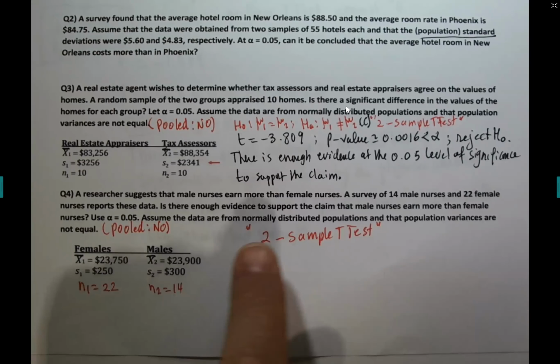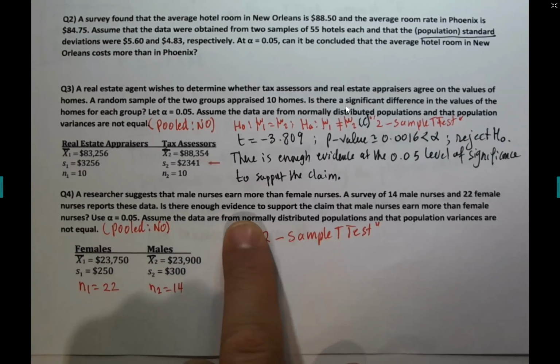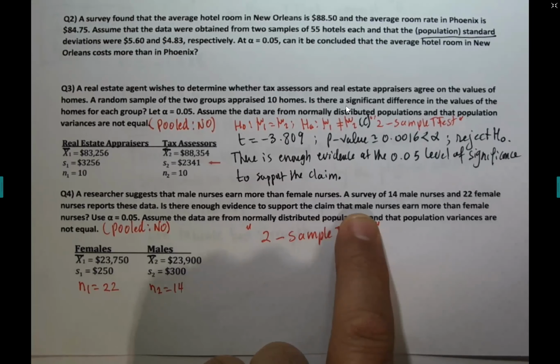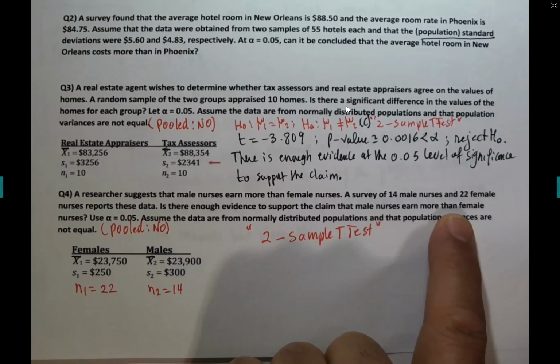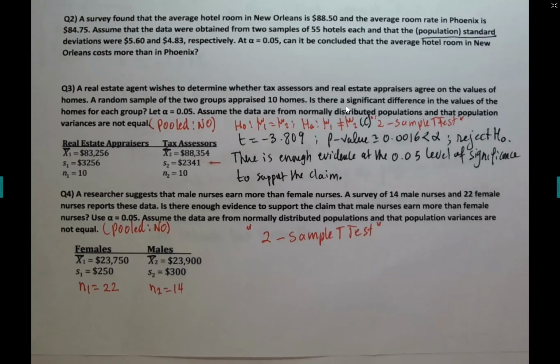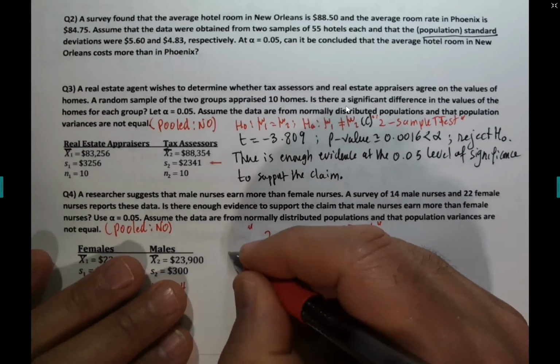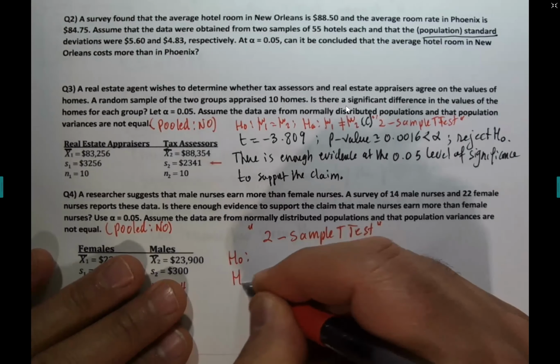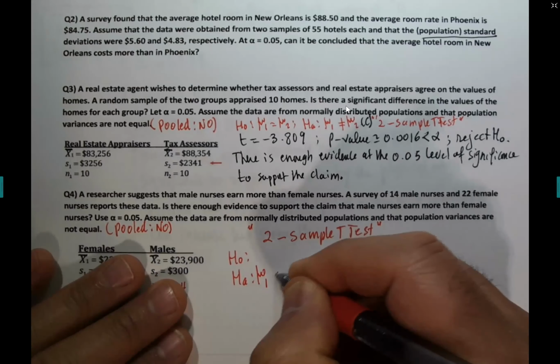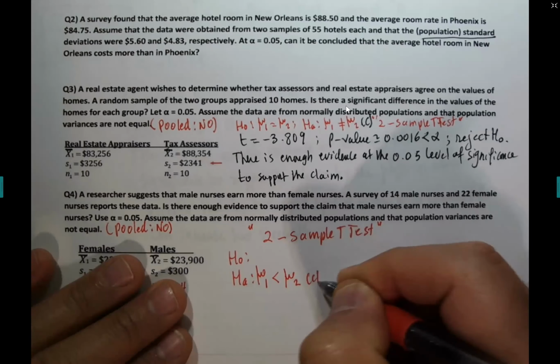I could have said here, is there enough evidence to support the claim that female nurses earn less than male nurses? And then that would be straightforward. I could do that, but just to show you that sometimes you have to be very careful with the language. So we need to check that. Female nurses earn less than male nurses, and that's the claim.